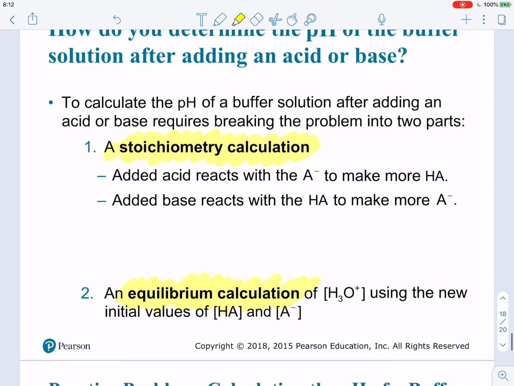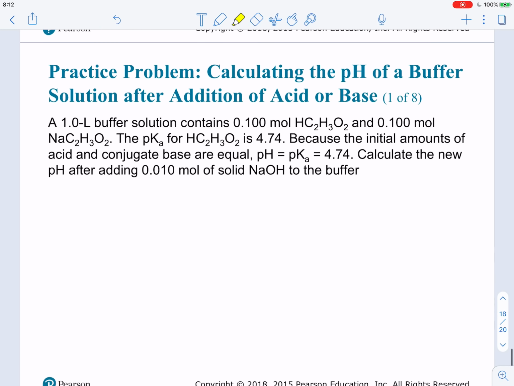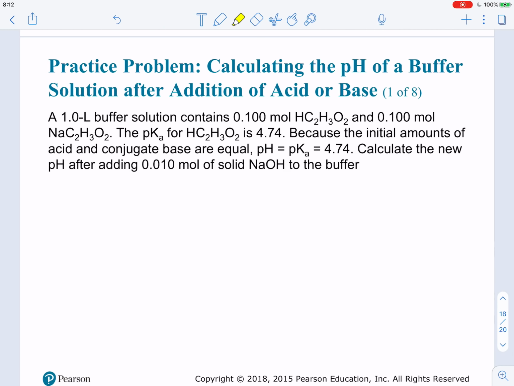Okay? So here is the situation. We have 1 liter of buffer, okay? And this buffer contains 0.1 moles of acid and 0.1 moles of the conjugate base. The pKa is 4.74.